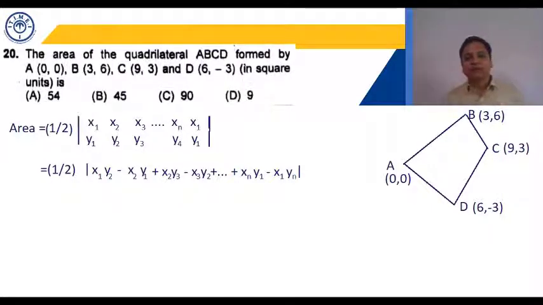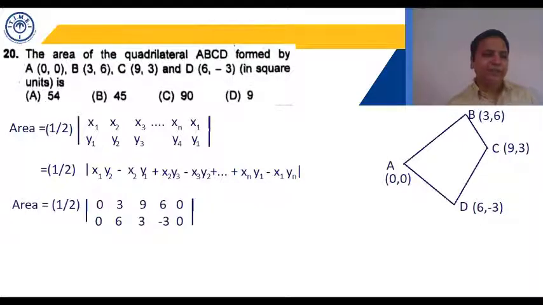If you write in anti-clockwise, you are getting a positive value. Whatever the area value comes out, we have to take it as positive, not negative. And after writing xn and yn, just repeat the first coordinate. So it comes out to be x1 y2 minus x2 y1 plus x2 y3 minus x3 y2 plus xn y1 minus x1 yn.